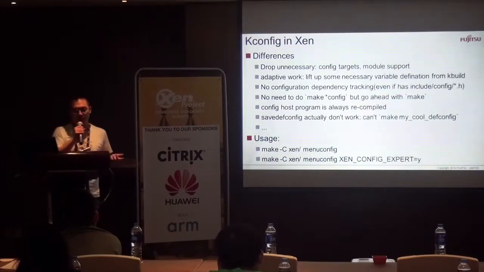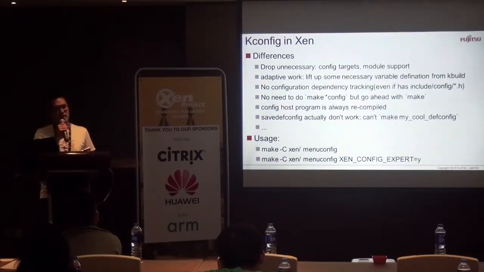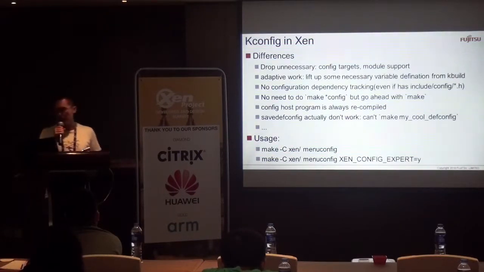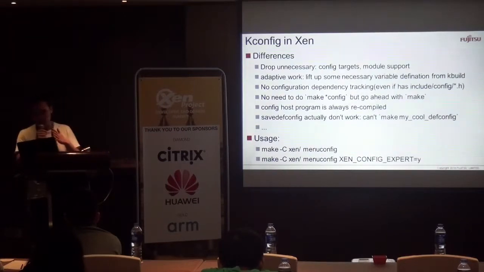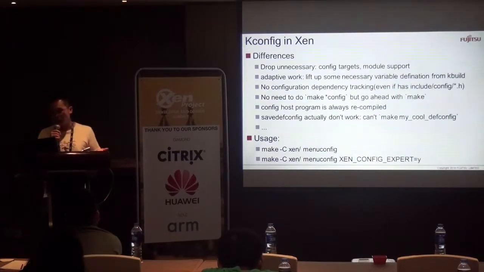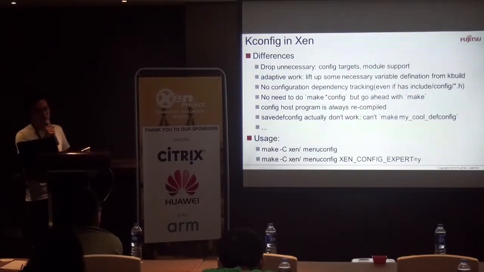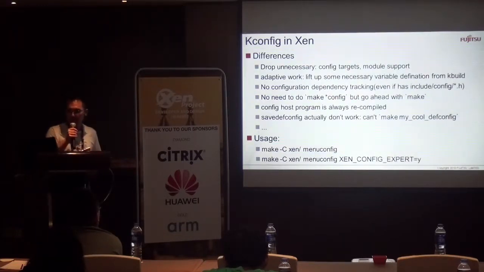Kconfig was ported from Linux to Xen at about the end of 2015, because Kconfig actually interfaces with Kbuild. So when lifted over, it's necessary to do some modification. So let's take a look at the differences.